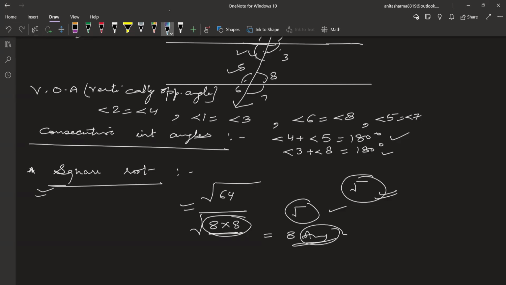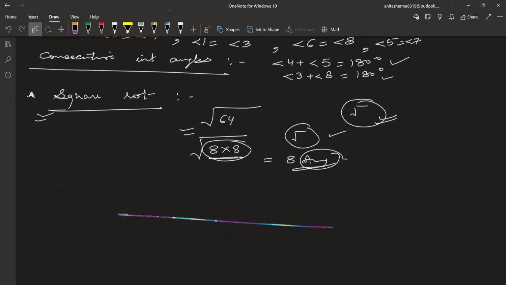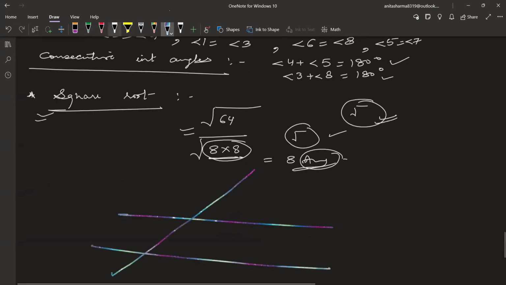Now, Rishit, you were asking me this question, right? Yes, sir. See, I'm explaining. The question was: find the value of y and x. This is given 2x and this is given 5x minus 20.